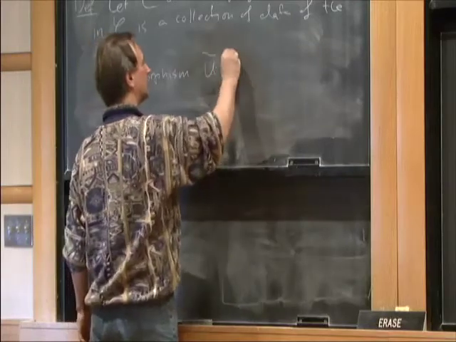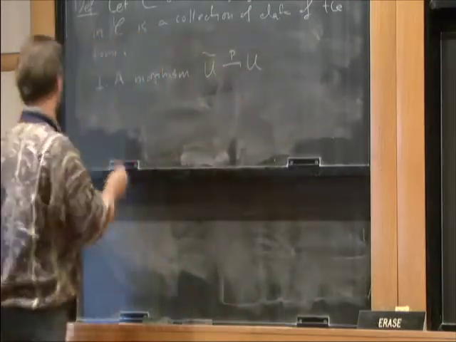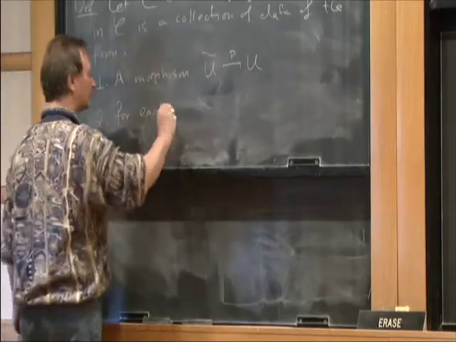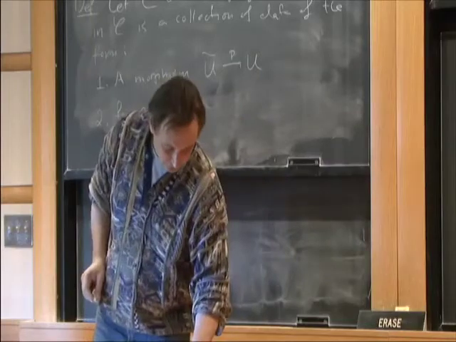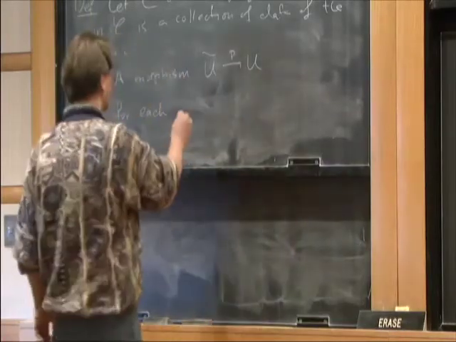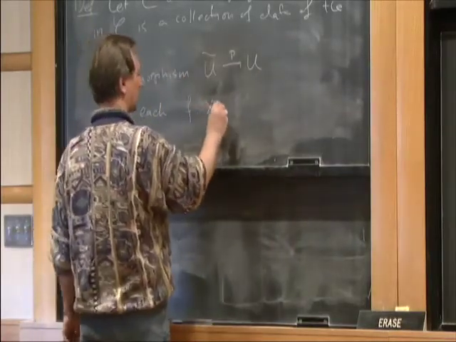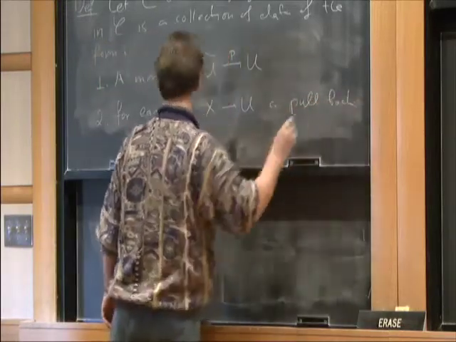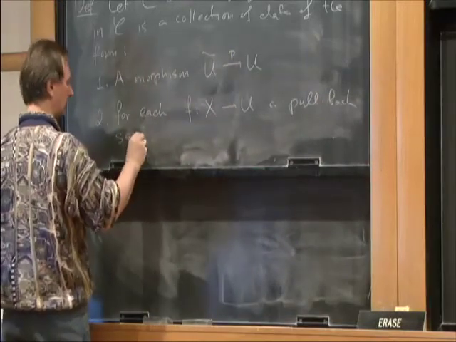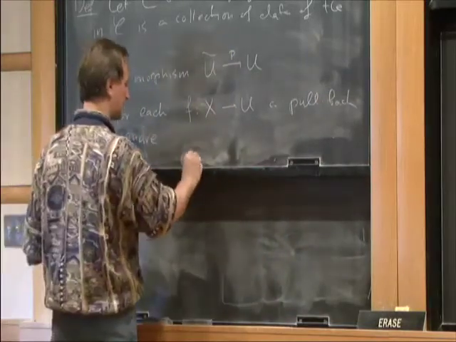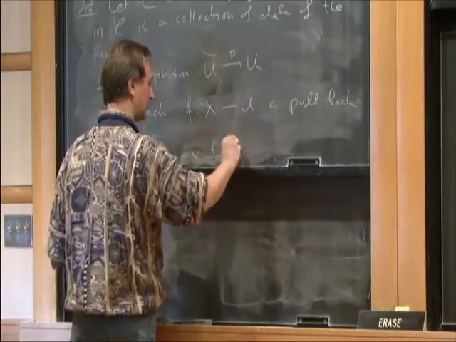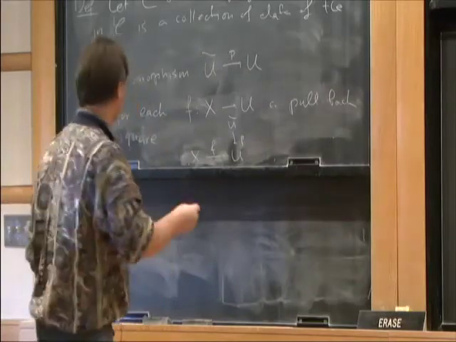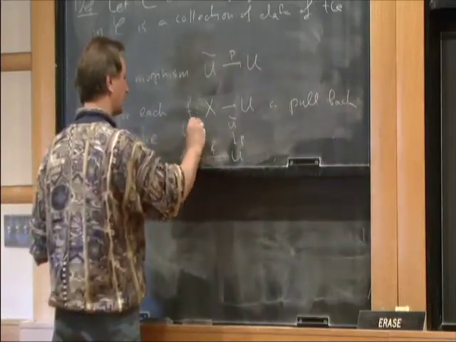U tilde to U. And second, for each f from an object of this category to U, a pullback square of the form X, f, U, p, U tilde, and this particular pullback, which is a chosen pullback, will be denoted X comma f.